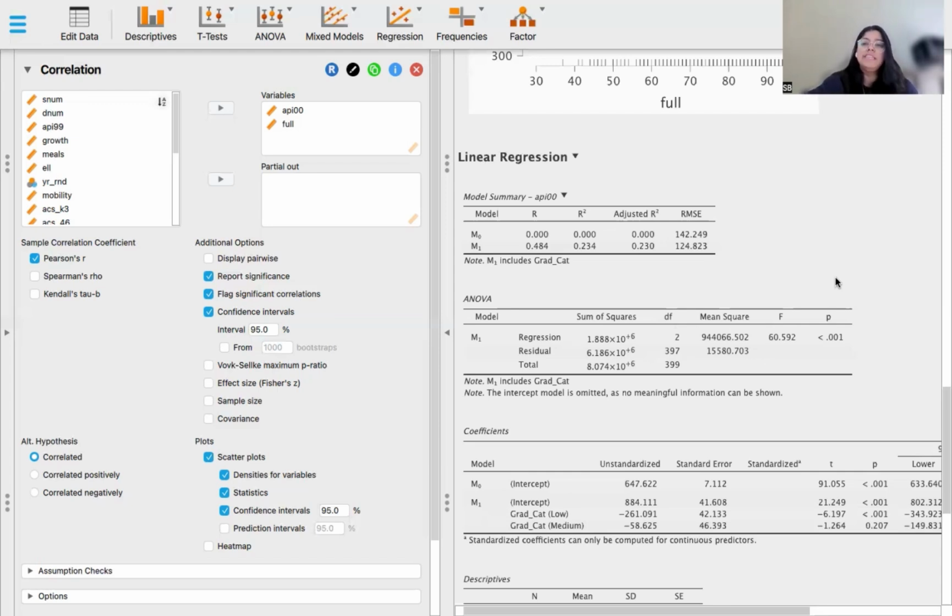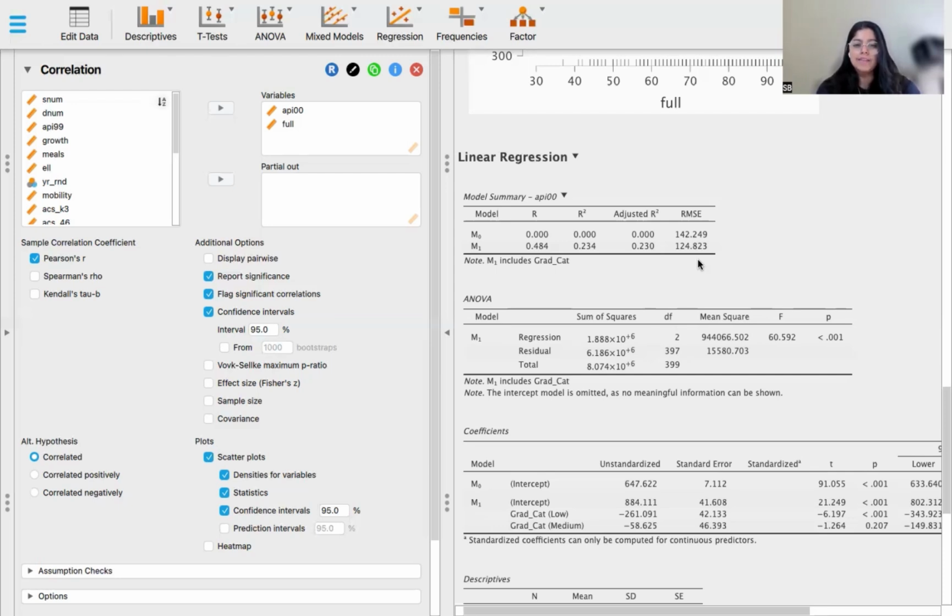After that, we ran a linear regression using grad cat to predict API 00. In this, we got R equal to 0.484, R squared 0.234, adjusted R squared 0.230, and RMSE equal to 124.823.